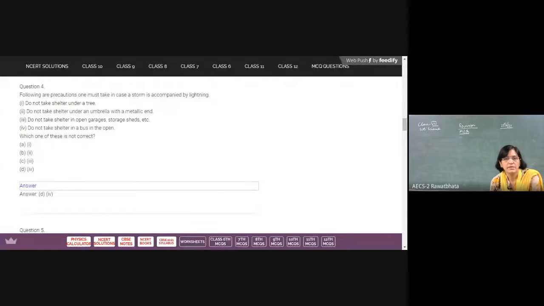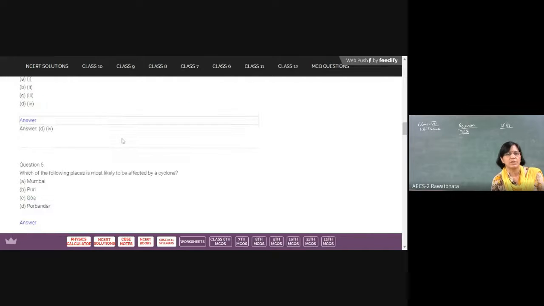This is also right. Do not take shelter in open garages, store sheds. This is also right. You need not take shelter in any open area. Then what is wrong? Do not take it in a bus in open. If you have all these four options with us, better to go for a concrete building. Well, the third and fourth may be confusing to you. No problem. Let's move ahead to the next question.